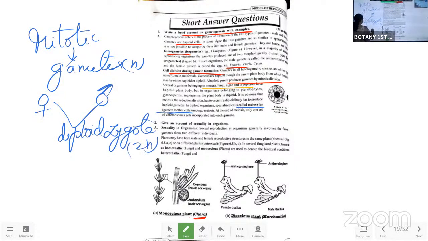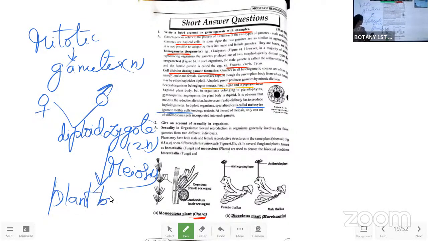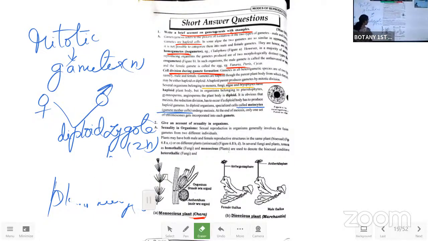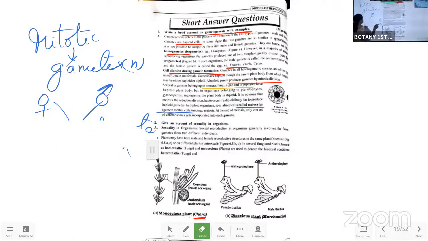Then this zygote undergoes meiosis to make a haploid plant body. Okay. So this is what we have to write in the given account of the gametogenesis.